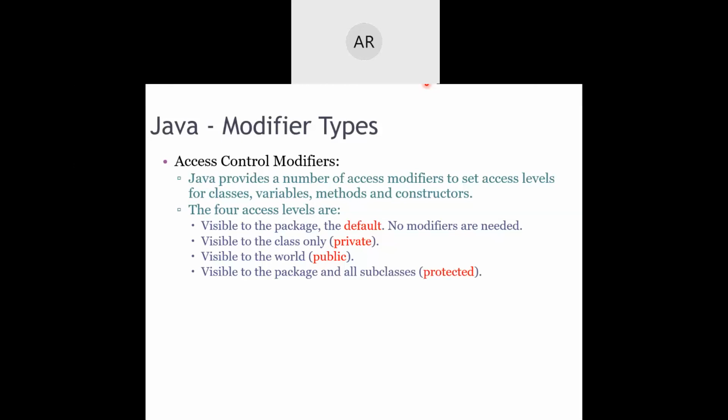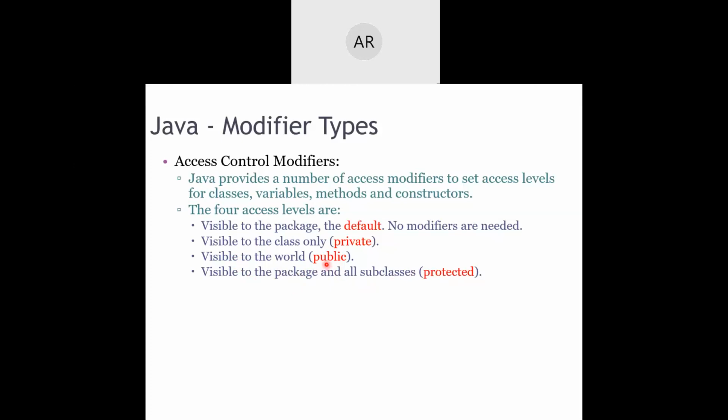Apart from that, in case of protected, even the classes or interfaces present within the package can also access that variable. So do remember, protected variables, methods, or classes are visible to the package in which they have been created, and to all the subclasses to which they belong.